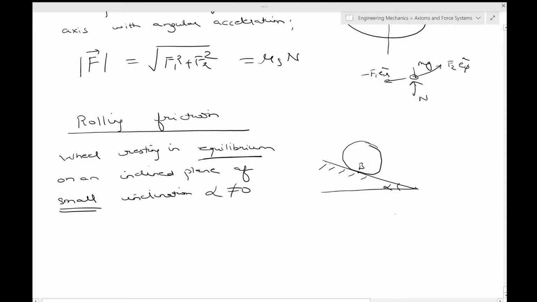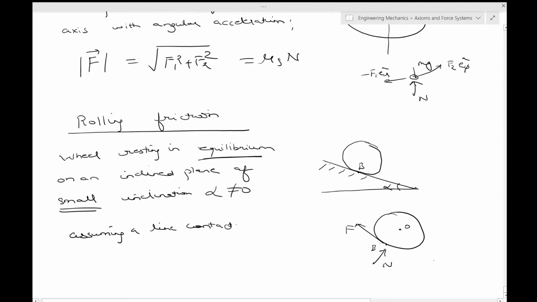So we can draw its free body diagram, though we have not really discussed this word, but you must already be aware what a free body diagram is. So O is the center, B is this point of contact, and we are assuming a line contact. Okay, so you will have a normal force, you will have a frictional force.